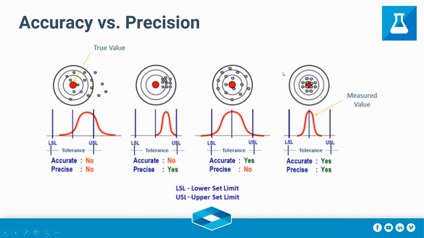This is the final diagram here that we're aiming at. However, often we find that our analytical work may have high accuracy but lack precision. Or sometimes we are very precise but lack accuracy. What we don't want is a situation where we lack both accuracy and precision. That's why we need to check the performance of the lab using QC.